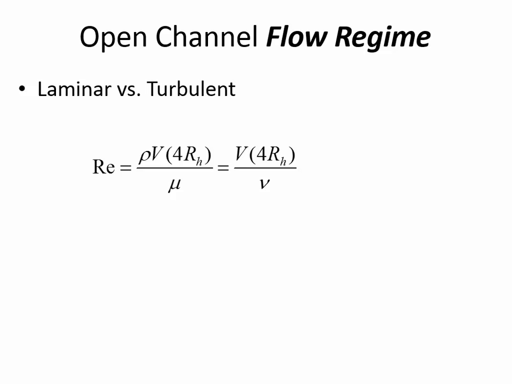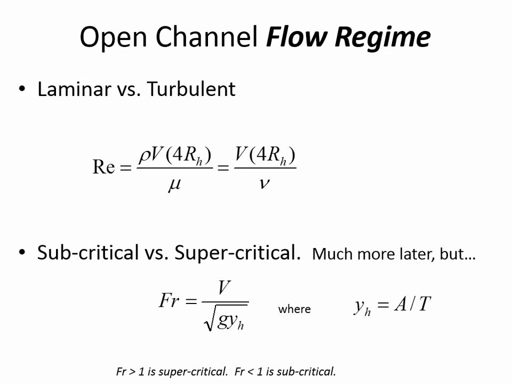We said that instead of D in the Reynolds number, for example, you have 4 times the hydraulic radius. You can make that substitution when there isn't a diameter because it's not a circular conduit. If it's a rectangular channel, then instead of putting D into a formula, you just have 4 times the hydraulic radius.